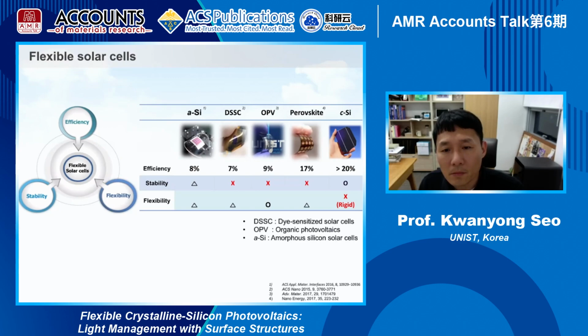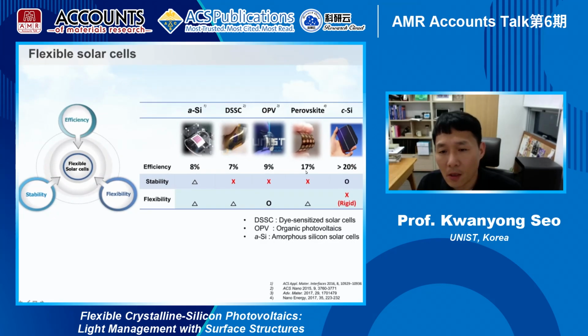In this case, although they are developing these devices very well, and efficiency has reached a meaningful value of around 10% at this moment, they still show very poor stability due to the chemical instability of the active materials. So although this emerging-material-based flexible solar cell research is very important, we need to think about another research aspect for flexible solar cell development.